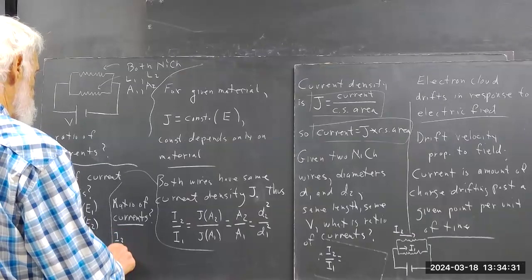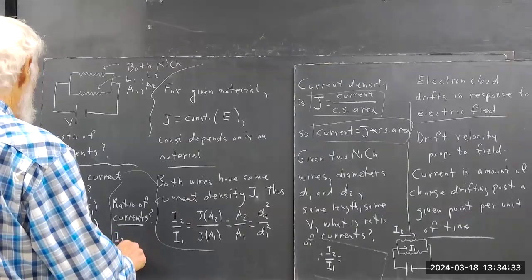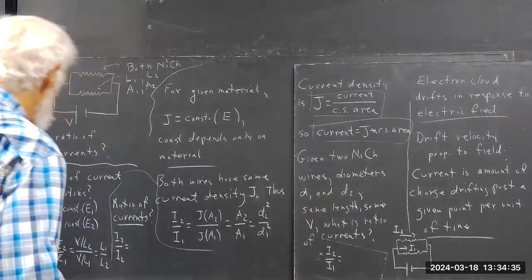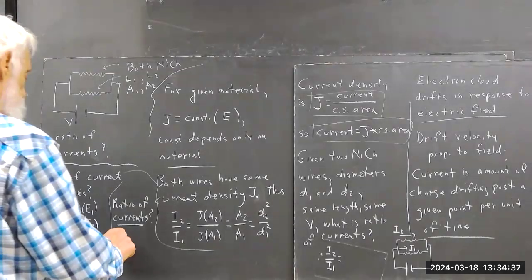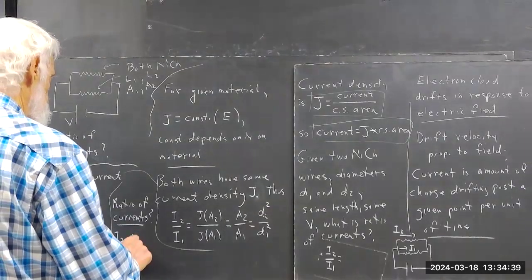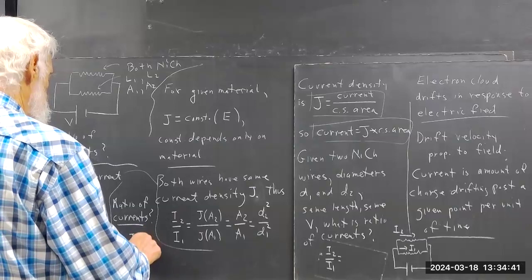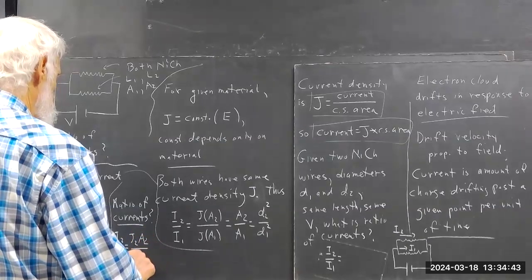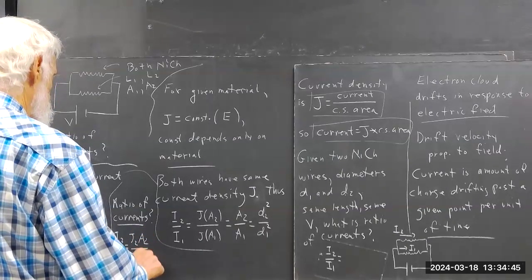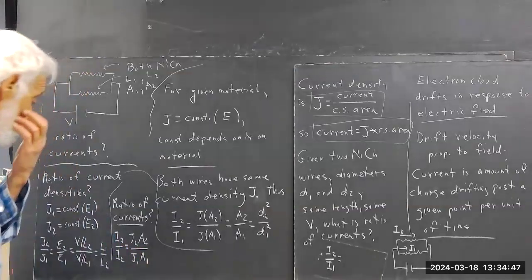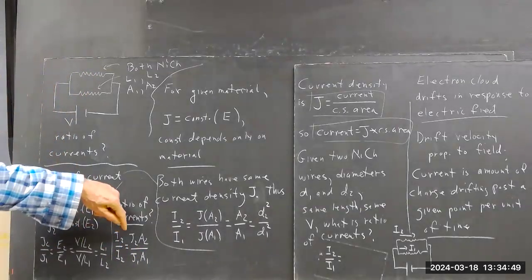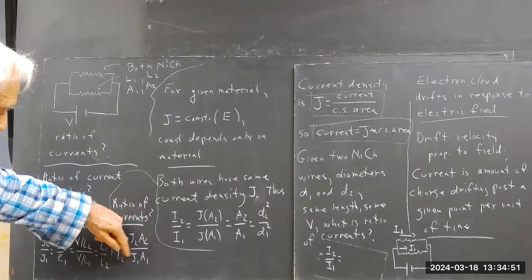Your current ratio is, each current is its current density times the area.